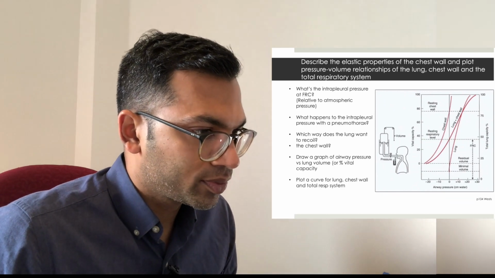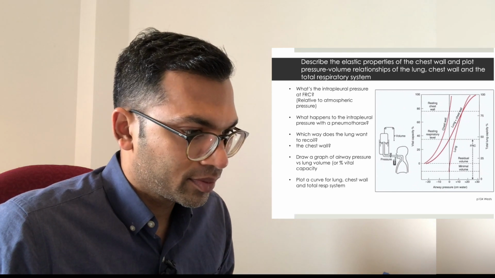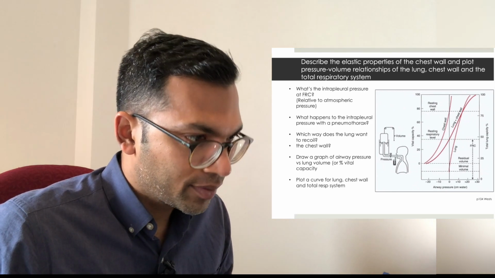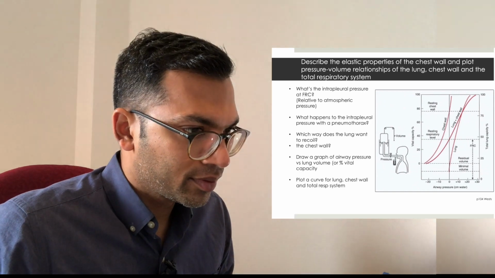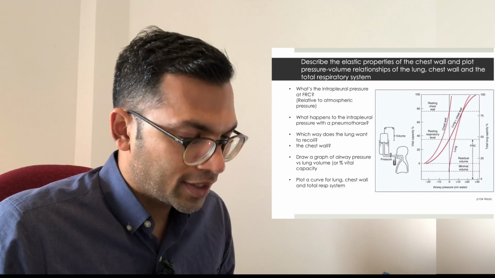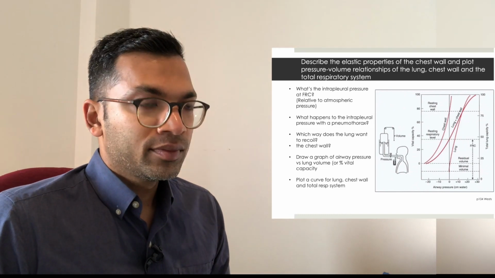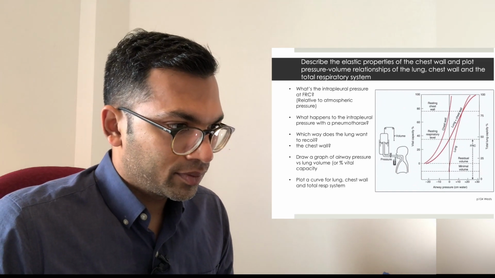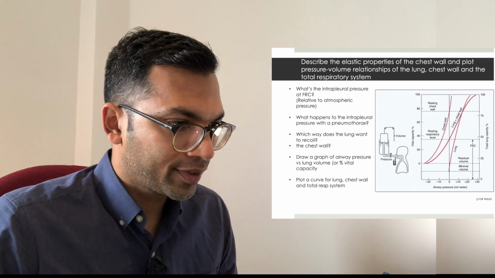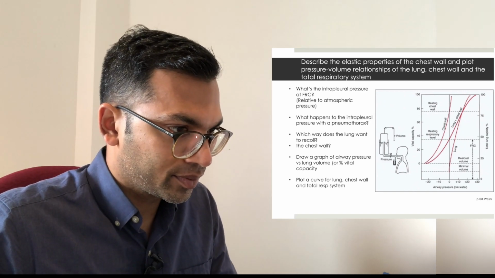So I'll break it down, graph-wise. On the x-axis, there's the airway pressure, in centimeters of water, and then you have the vital capacity percentage and the total lung capacity. Fantastic. So we have 3 lines: one is the chest wall, then there's the lung, and there's the lung and chest wall combined.